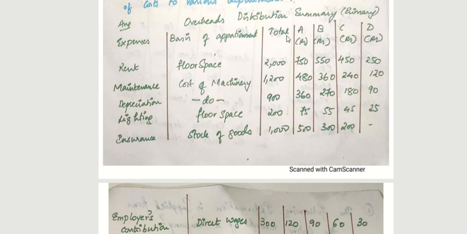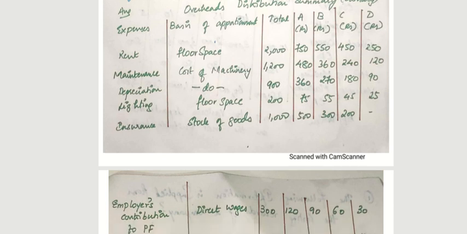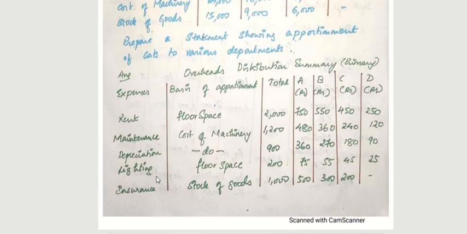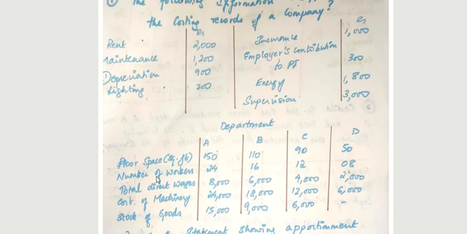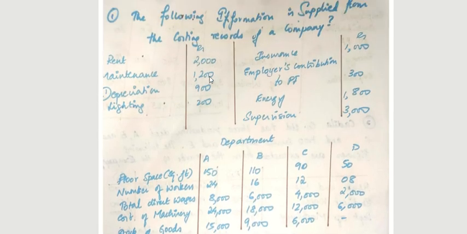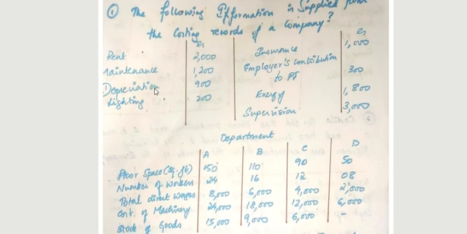Your third column will be your total amount of the expense. So your rent was 2000, the total amount of the expense. And your fourth column will be the different departments given in your question. So first we'll write up all the expenses given in your question, and write down their amounts.